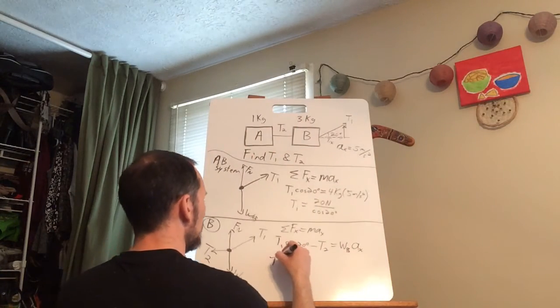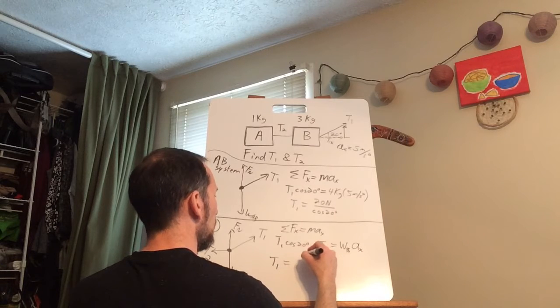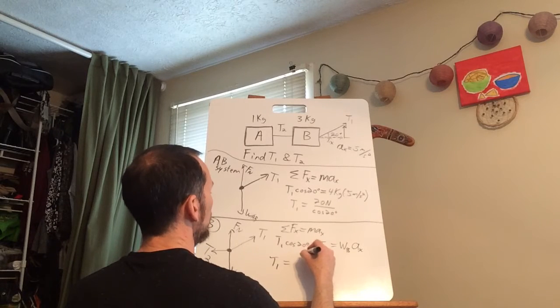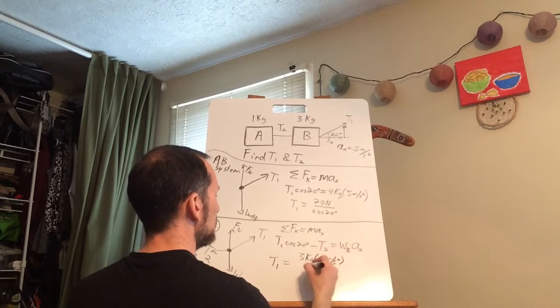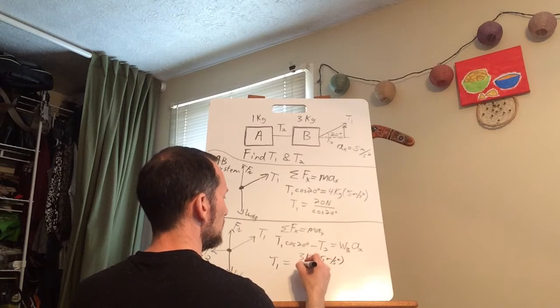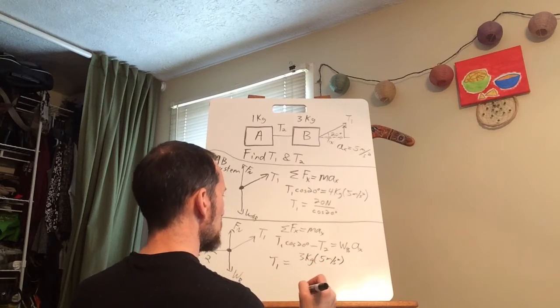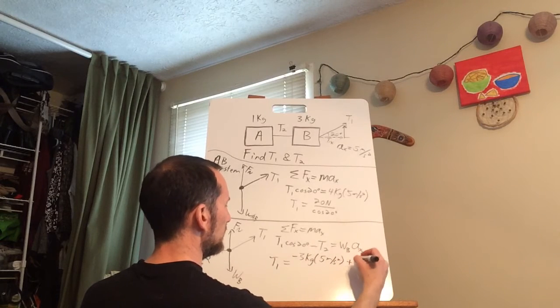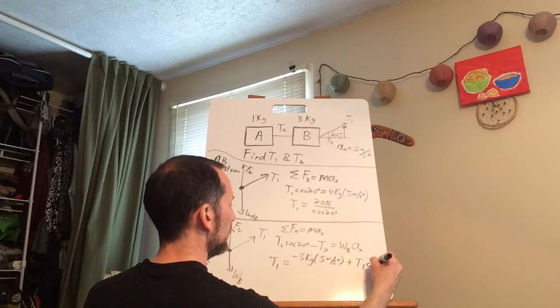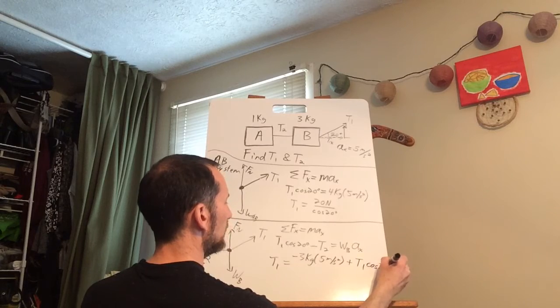And so T2 equals, let's see, negative 3 kilograms times 5 meters per second squared plus T1 cosine 20 degrees.